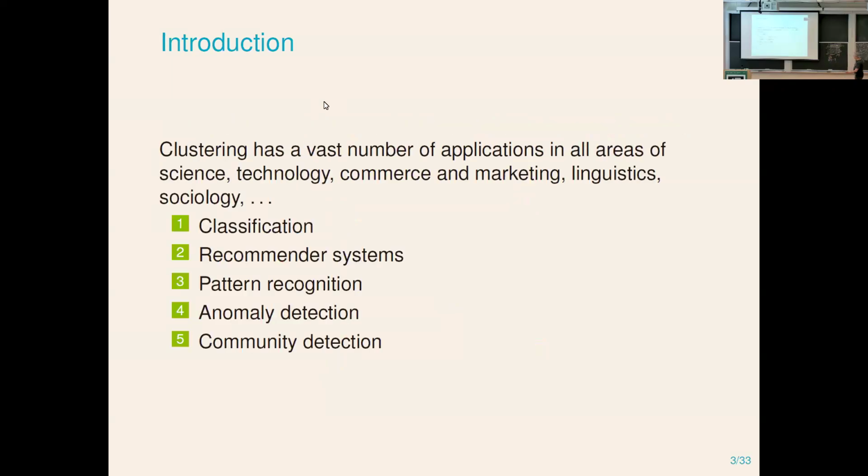Now, this clustering has tons of applications in all areas of science and technology, and in marketing and commerce and linguistics and biology, sociology, whatever. The main purpose would be classification. We want to classify, put the different input data in different classes.